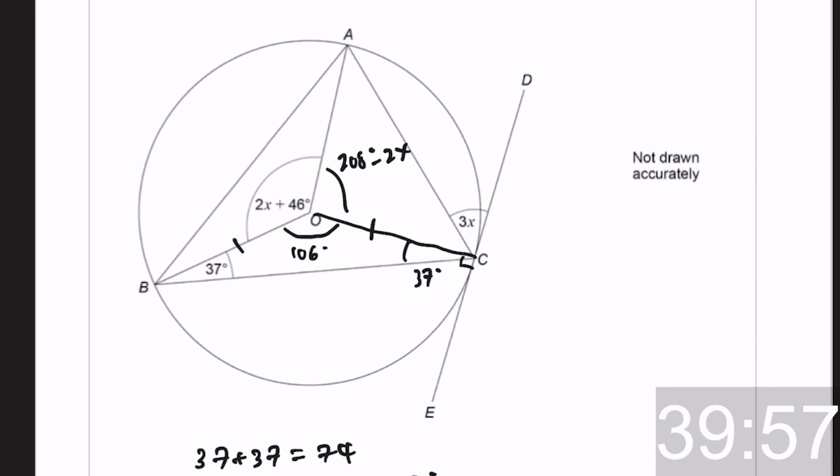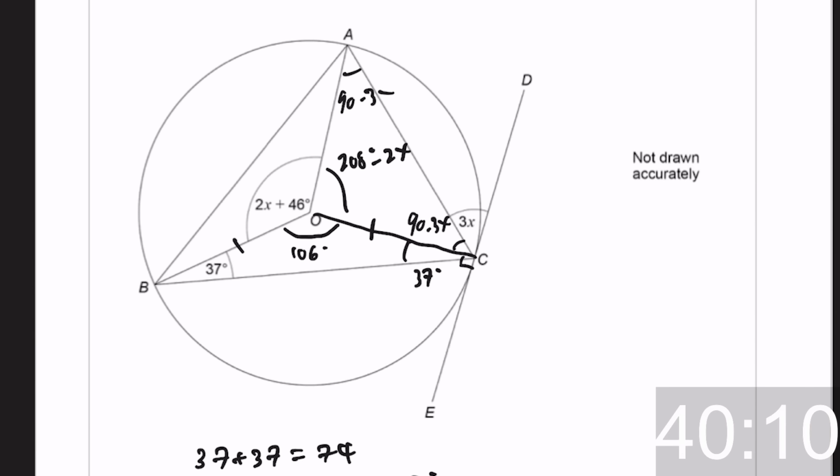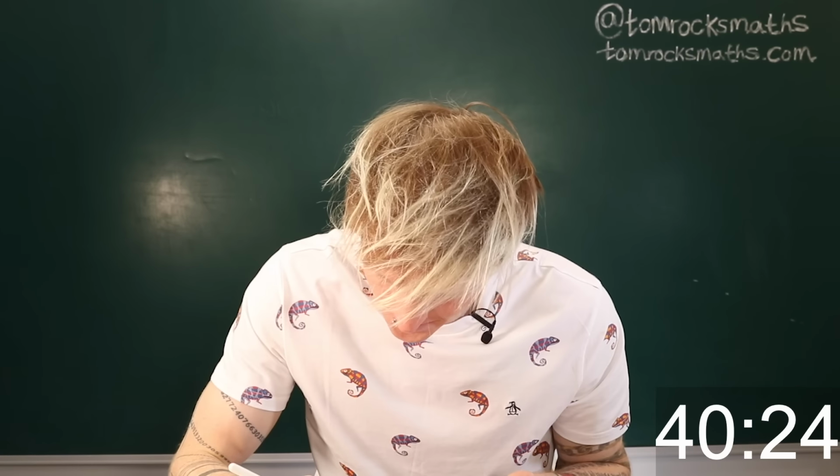Now, I know that that last angle there is 90 minus 3x. Which means this one, because it's also a radius, is 90 minus 3x. So I now know that 208 minus 2x plus 90 minus 3x plus 90 minus 3x has to equal the total in the triangle, which is 180. Excellent.